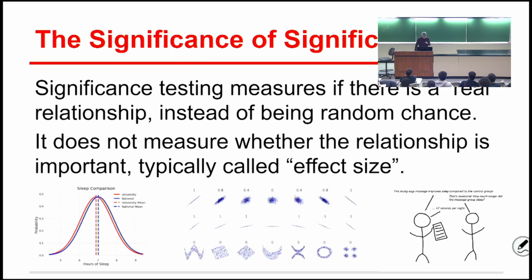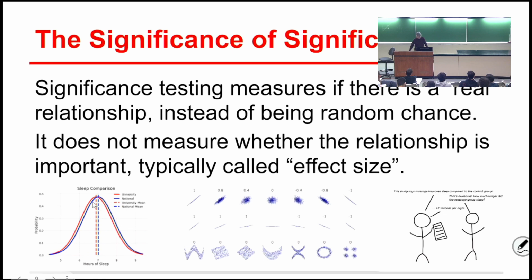If we look at this graph, which I got from someplace, they were measuring the sleep of people. They had a distribution for people in the country: how much sleep did they get?